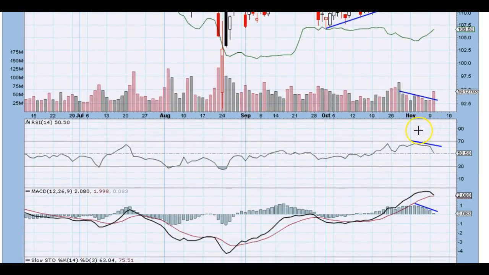Looking at the indicators, as I mentioned yesterday, we've got the RSI, which is curling over, but look at where we are. We are at the midpoint right here at 50 on the RSI. Typically, that is an area where bullish stocks bounce from. Okay, bullish RSI patterns stay above 50.